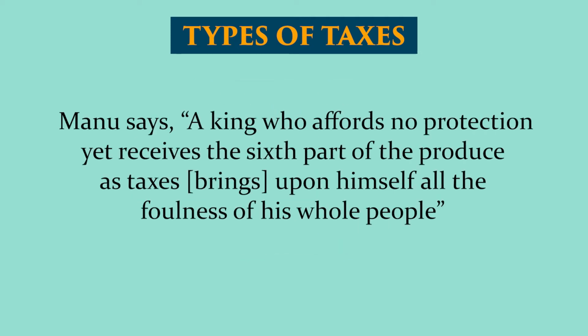Manu says, a king who affords no protection yet receives the 6th part of the produce as taxes brings upon himself the foulness of the whole people. So taxes should be just, and it should not overburden the people.